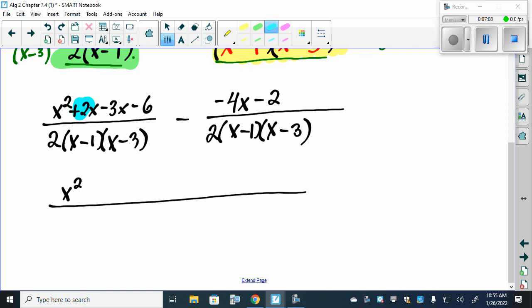Well, 2x minus 3x is negative x minus 6. So we combine those like terms. Minus our negative 4x minus 2.